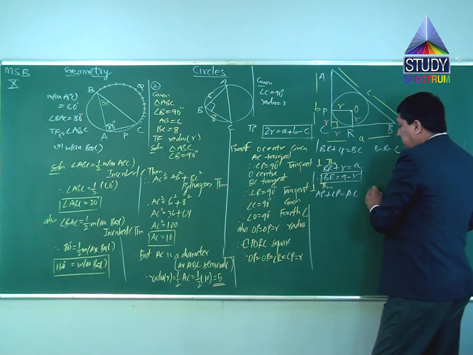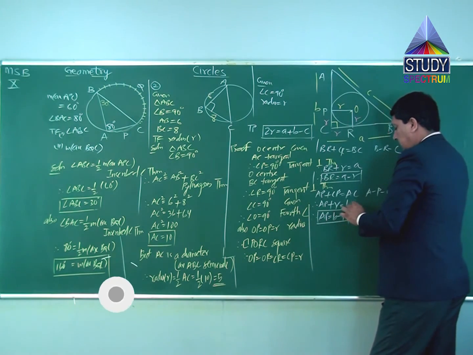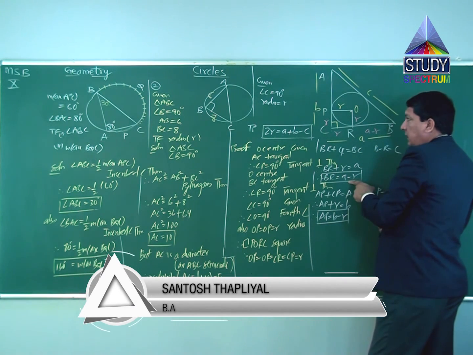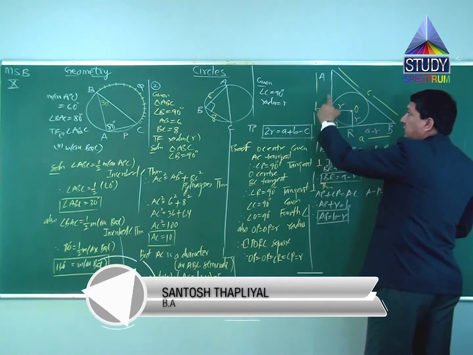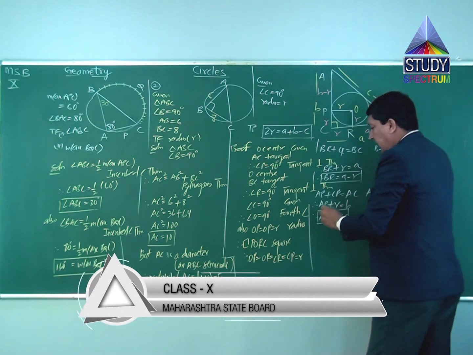Why? Because APC is a straight line. Therefore, AP plus R is equal to B. Therefore, AP becomes B minus R. So we got this value as A minus R, as you can make out here, and this is R, this one is B, so this becomes B minus R.